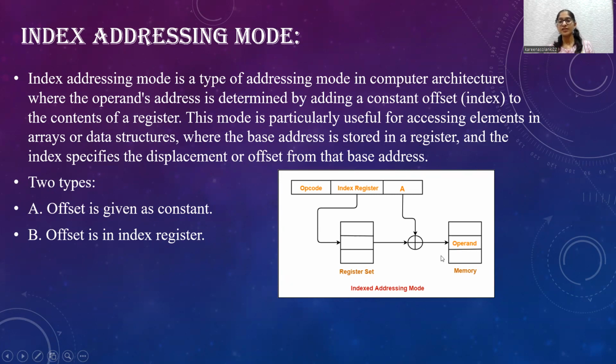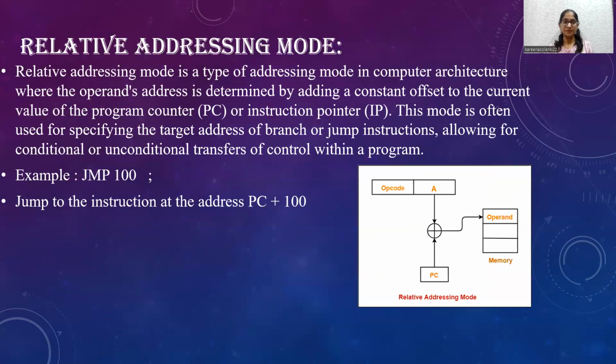Here in the picture, we can see that the index register is connected to the register set and the register A is also connected to an offset, and both the register set and the register are connected to the operand. There are two types in index addressing mode. One is where the offset is given as a constant, or the offset is in the index register.